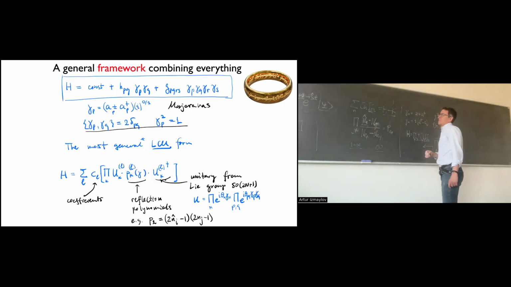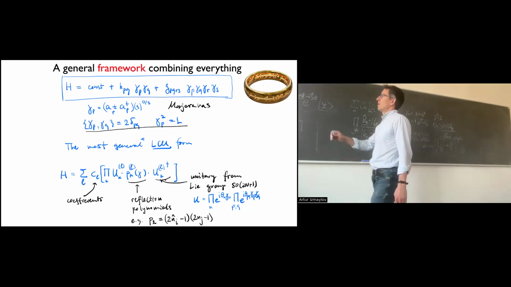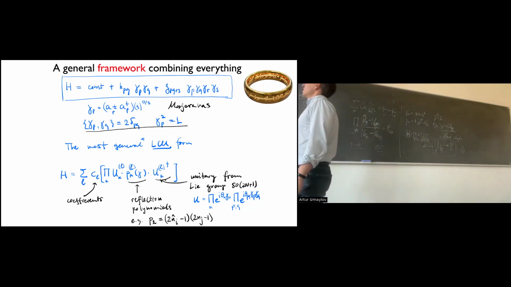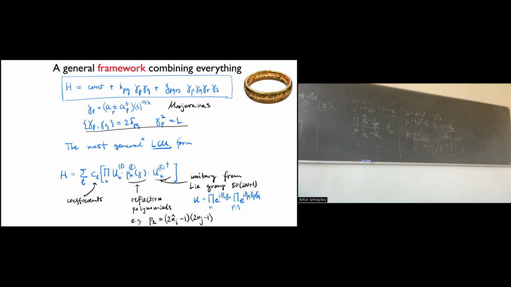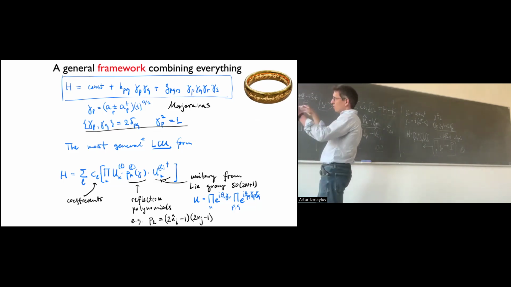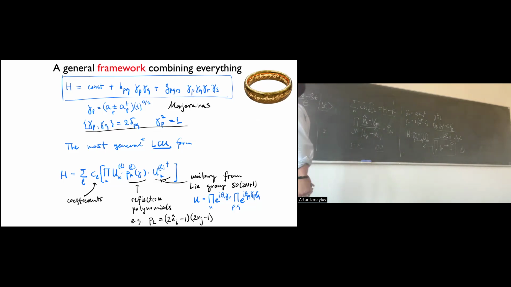of Majoranas. That's not interesting. It's just a Pauli product. But what I can do is write any general LCU as some simple polynomial of Majoranas that have eigenvalues plus minus 1 and conjugated with some unitaries that rotate Majoranas.